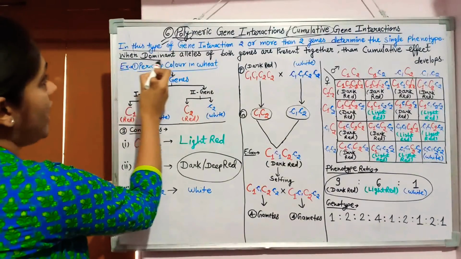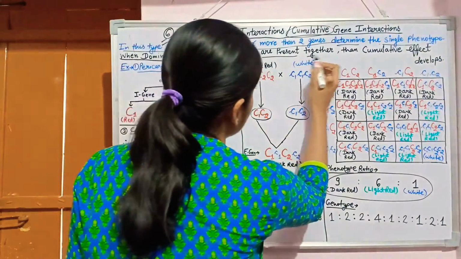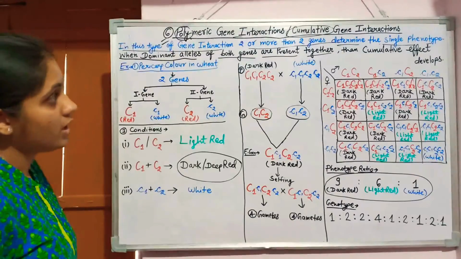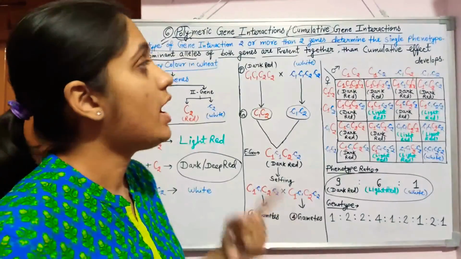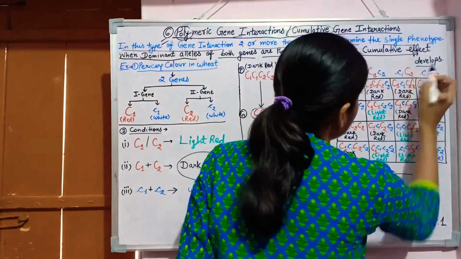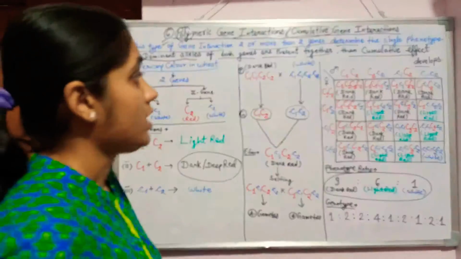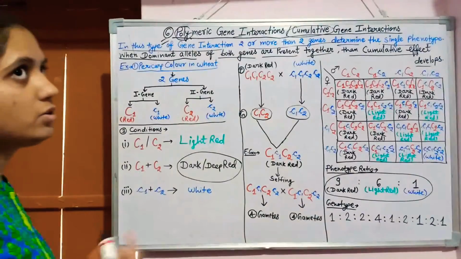When the dominant alleles of both genes are present together, then it shows the cumulative effect. We can understand it by two or three examples.